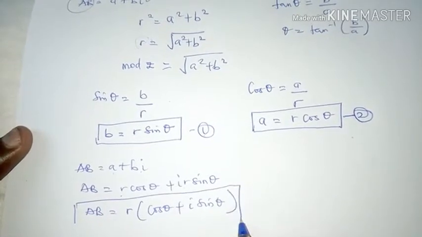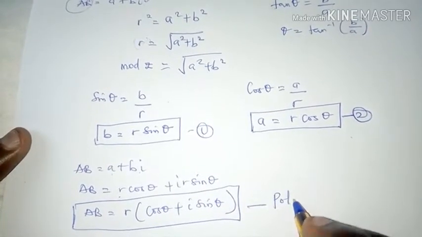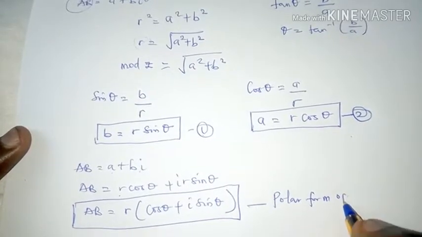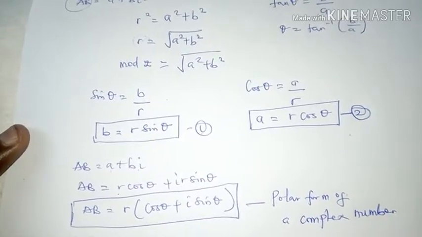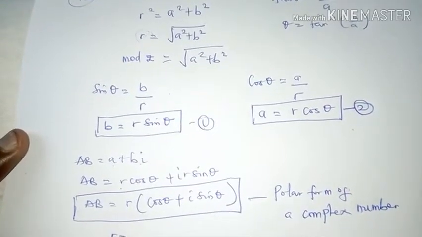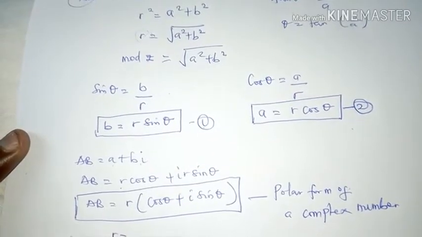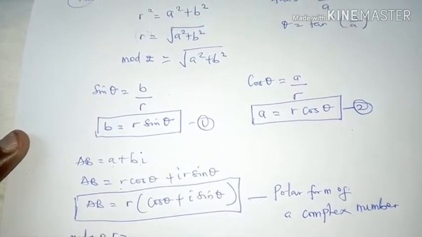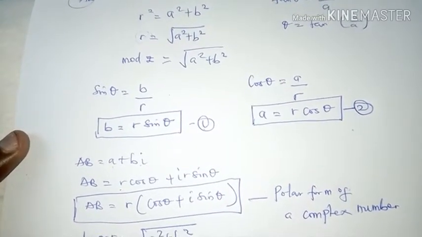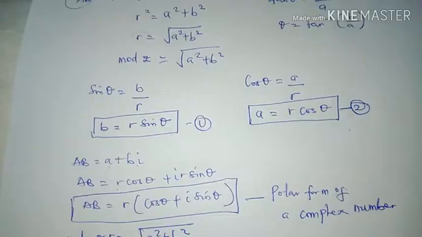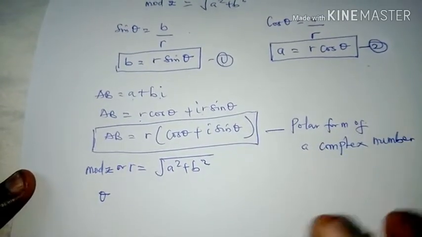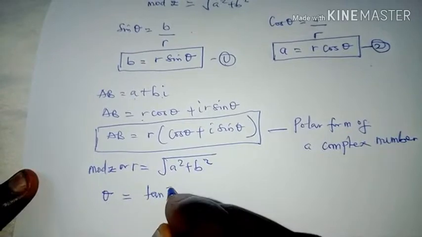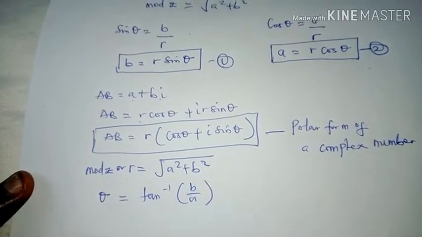So this is what we call the polar form of a complex number, where r is the modulus, which is mostly represented by mod z, or simply r is the square root of a squared plus b squared. Then our theta, which we call the argument, or simply the angle, is tan inverse of b over a.